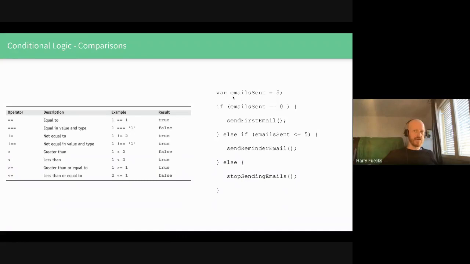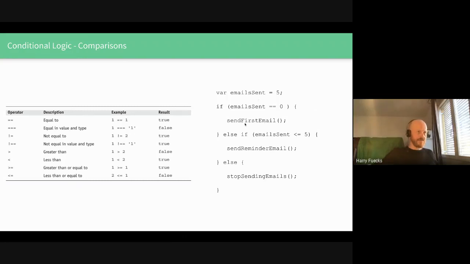But say we have a variable, a number called email sent. With this logic, we're saying if email sent is equal to 0, so 2 equal signs in most programming languages means equal to, unlike the maths you're taught at school where it's a single equal sign, send the first email.